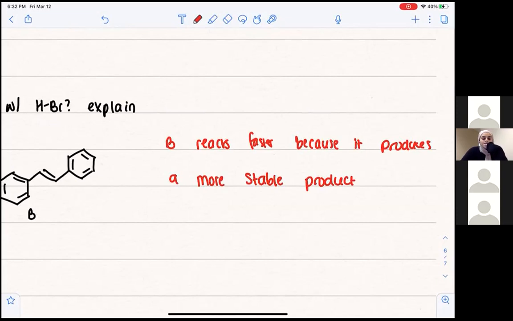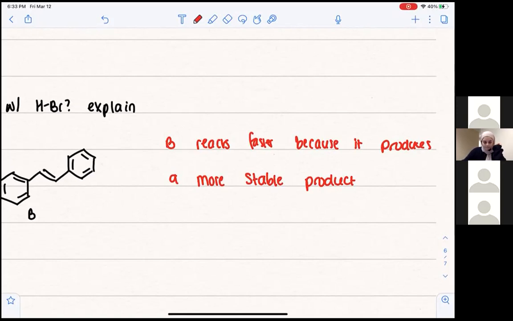And this last one here that I have, 110%, I want every single one of you to know how to do the reactions with H2O, H2SO4. Is that understood? You want us to know reactions with H2O, H2SO4.